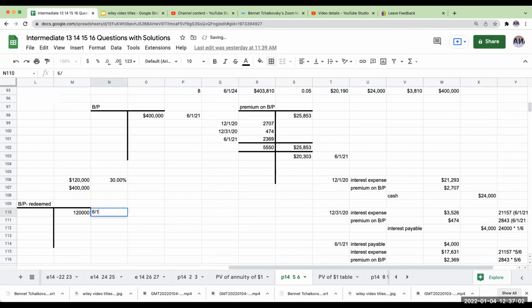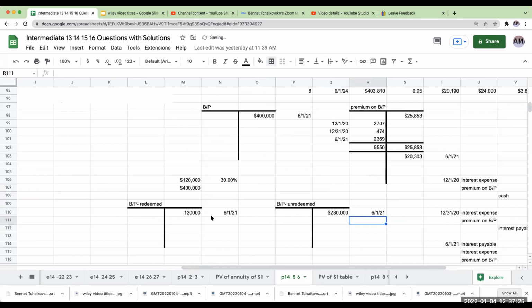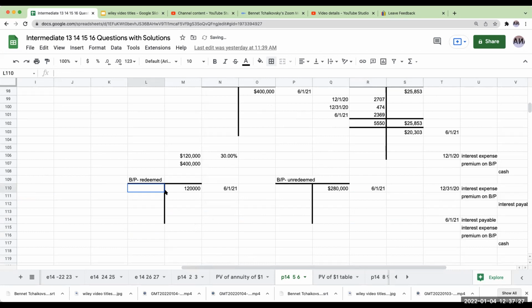And this is going to be on 6/1/21. I'm then going to show bonds payable unredeemed. And this is going to be 70% of the balance, or 280,000. All I've done is bifurcate my bonds into redeemed and unredeemed. My premium on bonds payable, I'm going to do the same thing.